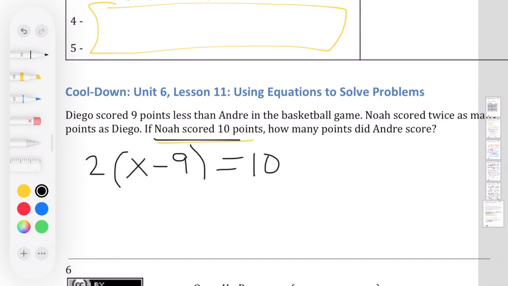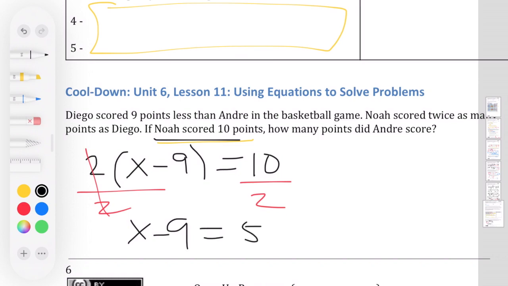Your choice. I'm going to divide first in this scenario. Divide by 2 on both sides. Crosses that out. I can drop down my x minus 9 now, and that is set to 5. And then I need to do the opposite of subtracting 9, which is to add 9 to both sides. It isolates x for us, and we find out that Andre scored 14 points.